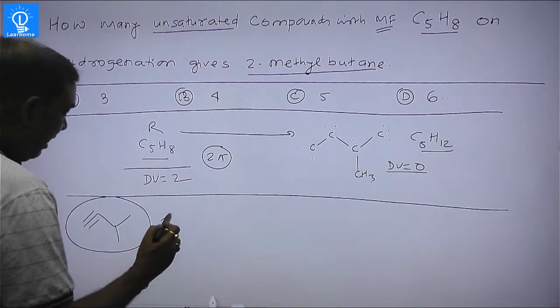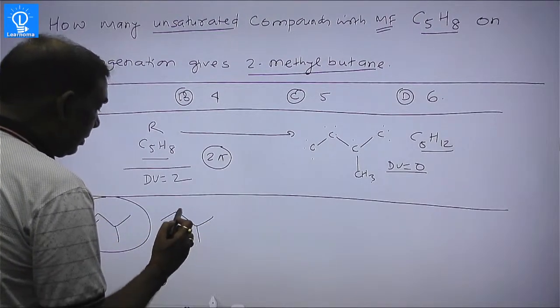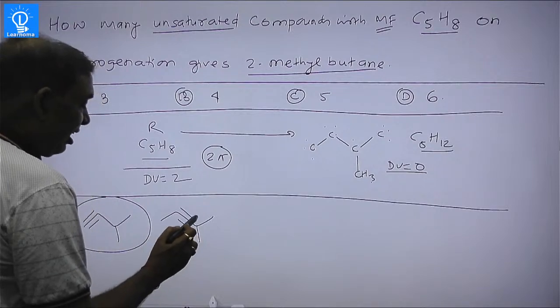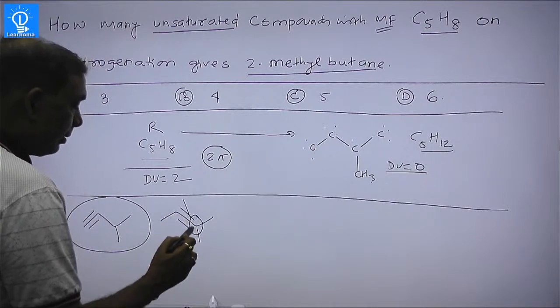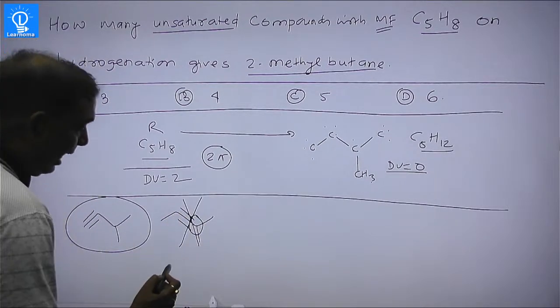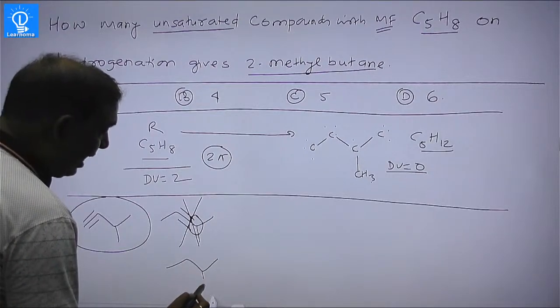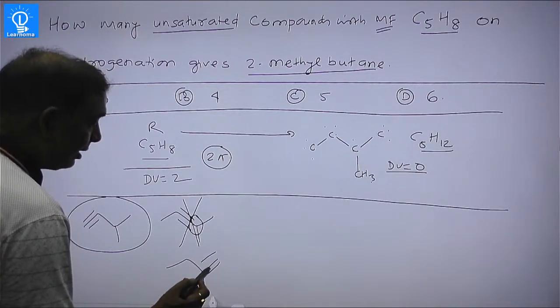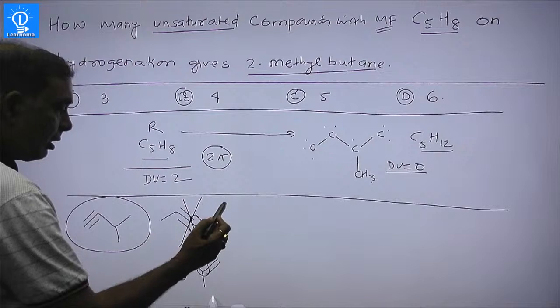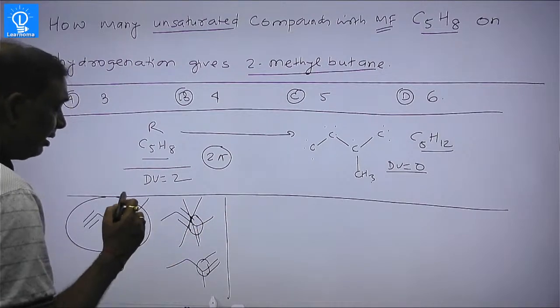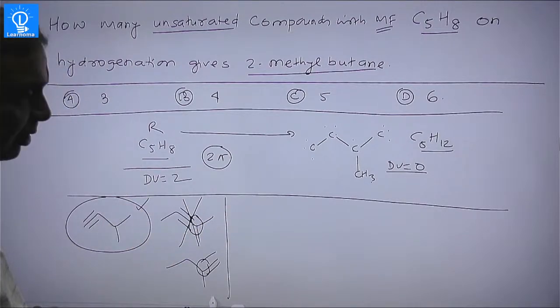We can't have an alkyne like this. This is wrong. Why? The valency exceeds. Only one alkyne is possible.